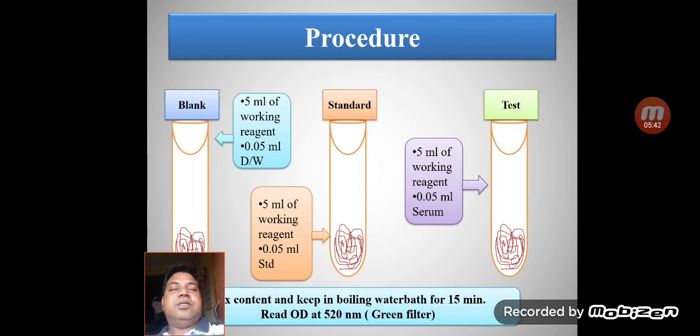In the standard we add 5 ml of working reagent along with 50 microliter of standard, and in the test we add 5 ml of working reagent with 50 microliter of serum. All the contents are mixed and kept in a boiling water bath for 15 minutes for the reaction to take place between the urea and the chemical compounds. We then read the optical density of the colored compound at 520 nanometer or green filter.